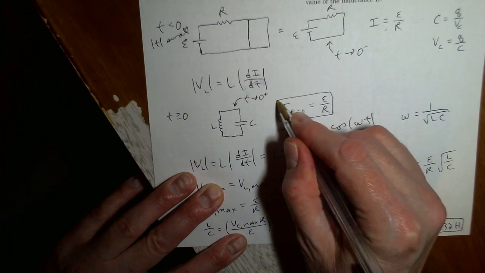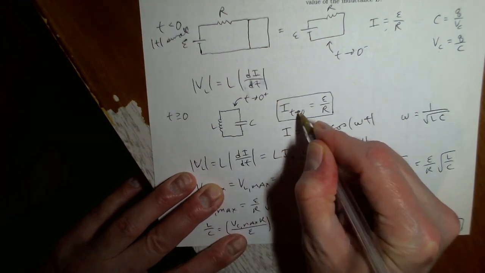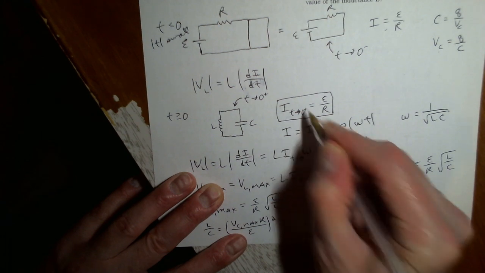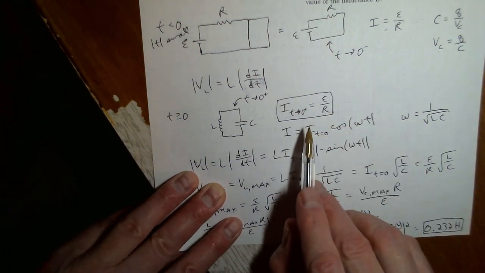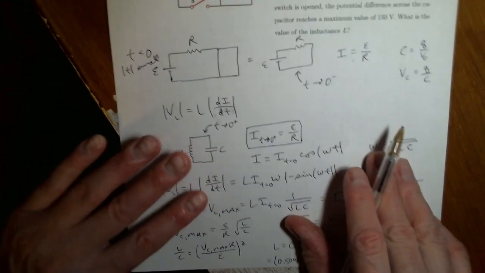So as time goes to 0 plus, the current is EMF over R.